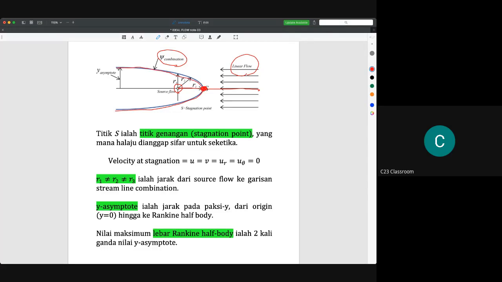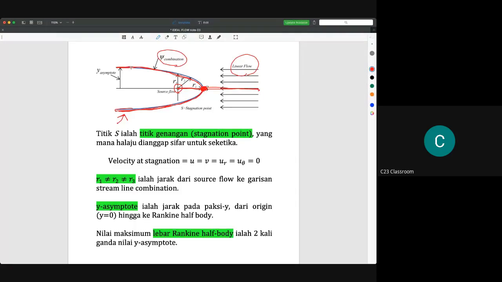That's why only this line is called the Psi combination. So awak kena tahu bahawa yang dikatakan Psi combination ialah apabila parameter source ini bertemu dengan linear flow dan ia membentuk nilai ini. Okay. So ini yang dikatakan Psi combination di dalam topik kita.